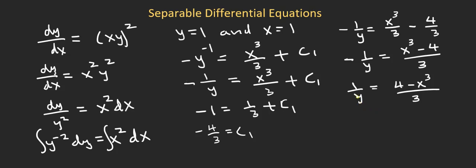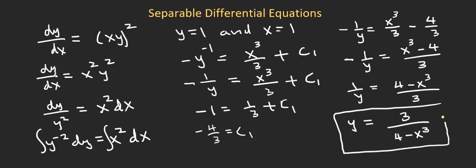And then 1 over y, I'm going to flip it over. So y over 1. Since I flipped this side, I have to flip the other side to make it equal. So this will be your solution of this differential equation when y equals 1 and x equals 1.